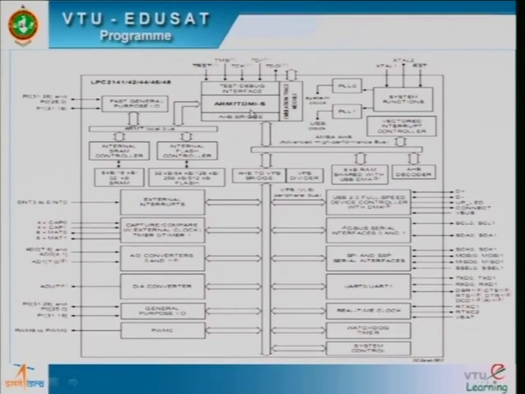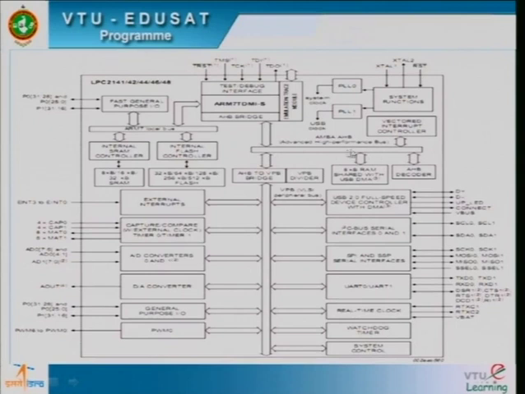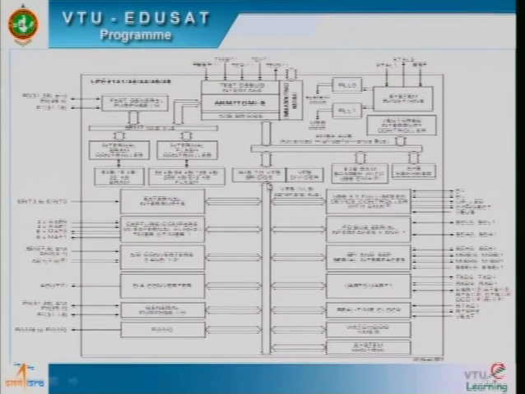The ARM core is connected to the high performance bus, which makes use of the AMBA protocol, the AMBA AHB bus, connected to the controllers which require high speed throughput. So we have the vectored interrupt controller connected to the AHB, and another bridge connecting to the peripheral bus.